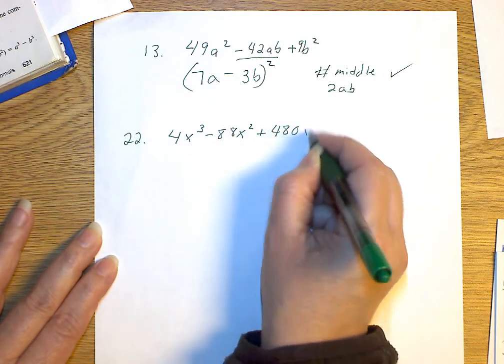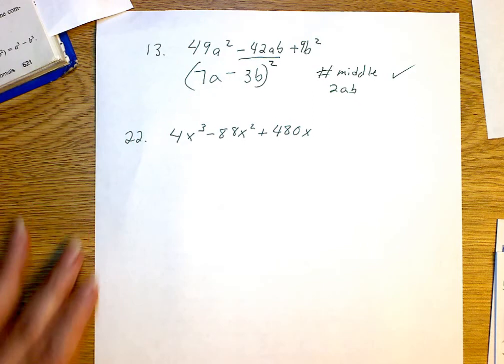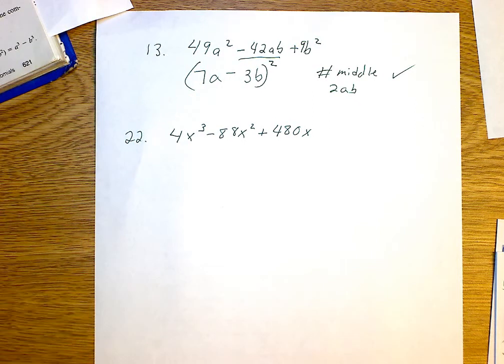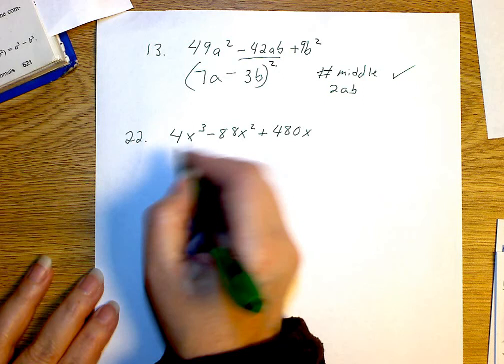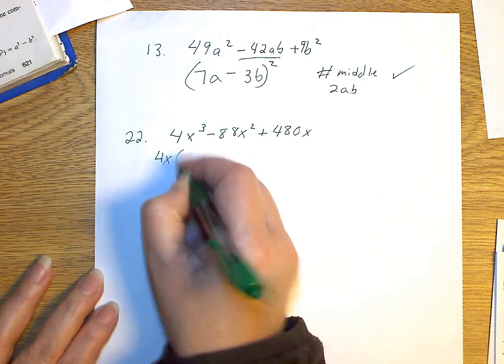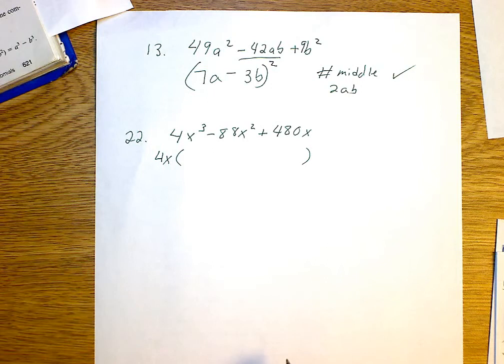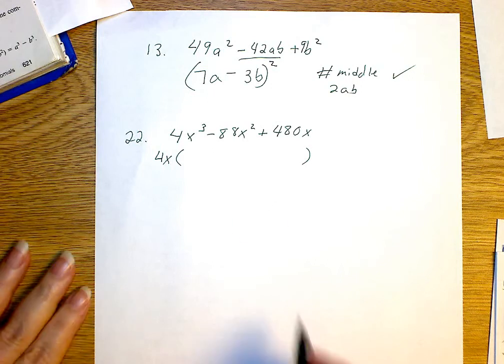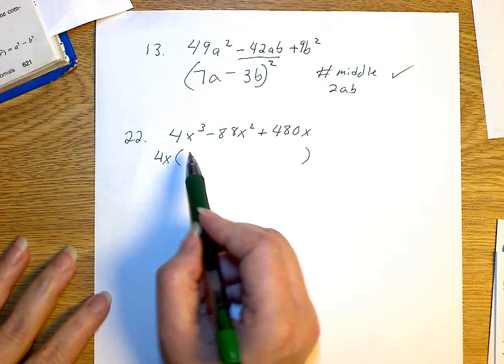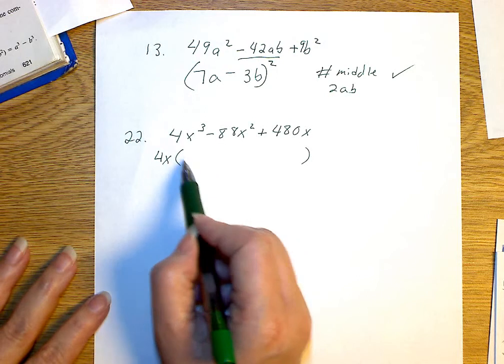480x. My first step always is looking at it, seeing if there's anything in common with all terms. So looking at this, is there anything in common with all three terms? 4x. So I'm going to pull out a 4x and see what I have left. What do I have left in this first one?